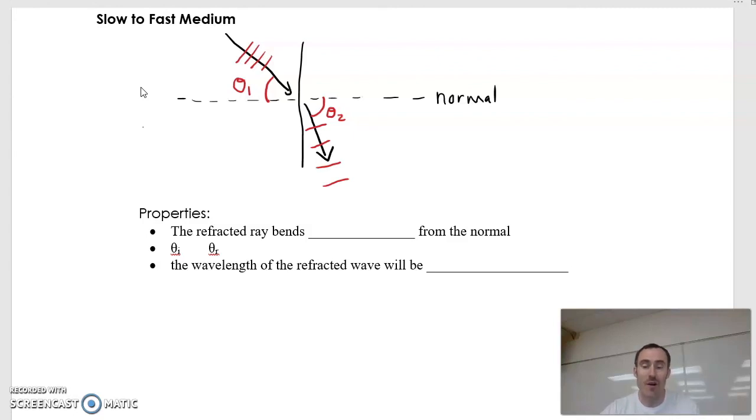So the refracted ray bends away from the normal, which means that theta 1 is less than theta 2, or theta I is less than theta R, incident and refracted. The wavelength is also going to be longer, or larger. And those are the relationships between angle, wavelength, and speed. And in this case, everything increases.